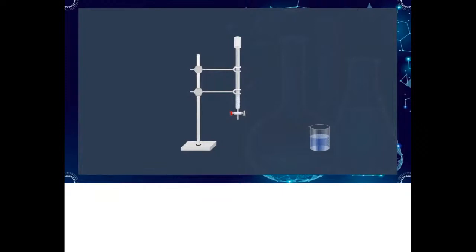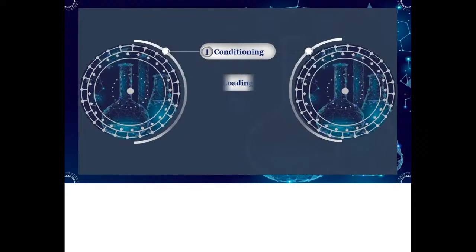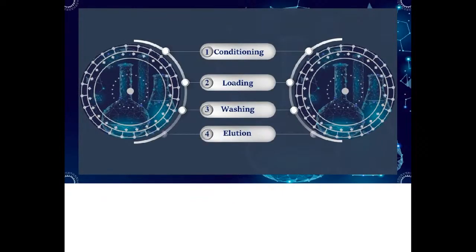The basic process of this chromatography can be represented in 4 steps: conditioning or equilibration of the stationary phase, sample loading, washing, and elution of the retained molecules. The first step is the equilibration of the stationary phase to the desired start conditions. The pH and ionic strength of the sample buffer are selected to ensure that, when the sample is loaded, proteins of interest bind to the medium, and as many impurities as possible do not bind.